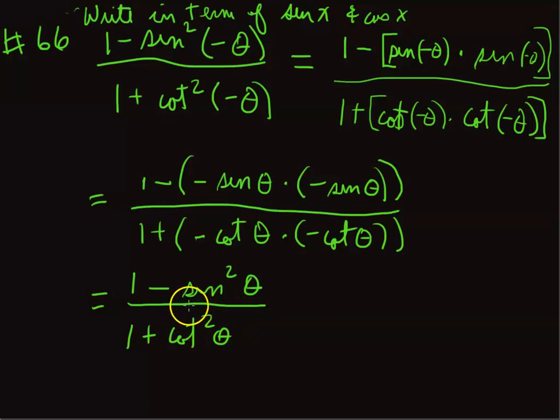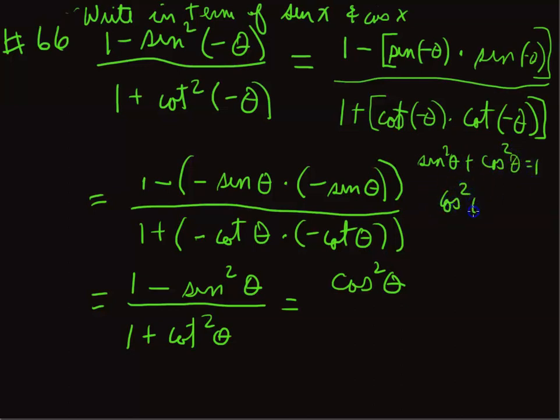Now, one of the identities, see, 1 minus sine squared, if you go back to what we did on that previous page, this is the same, 1 minus sine squared, as cosine squared. How did we get that? Well, remember, sine squared theta plus cosine squared theta equals 1.